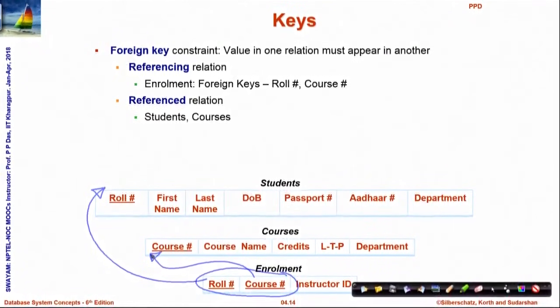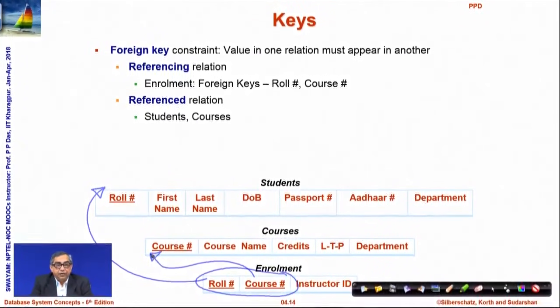And since from enrollment the student and courses are being referenced, we say enrollment is a referencing relation and students and courses are the referenced relations. We will often like to also mention what the foreign key of a relational schema is, because that will help us understand how the different schemas are interrelated, and we will see that this will come out directly from the notion of entities and relationships of an ER model, of an ER diagram.